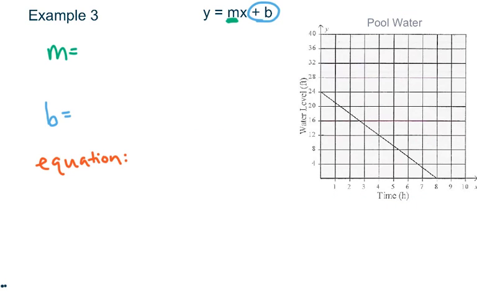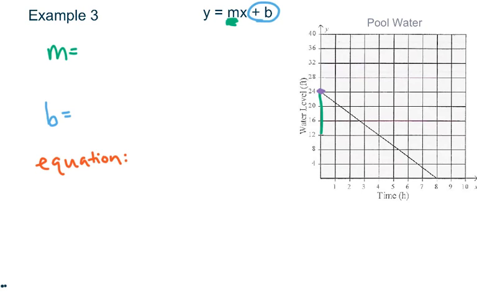Here, what we're being asked for is our equation again, and to see what it means in context. So here, if we're looking for the slope, m, we're looking for the change of y over the change in x. So if I were to use these points from 24 to 12, because remember, I want to use points where I know the numbers.